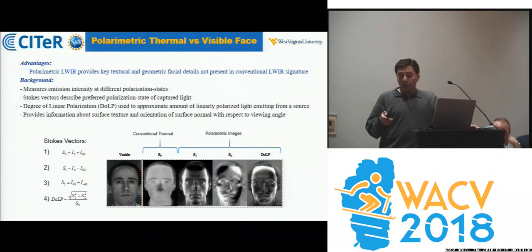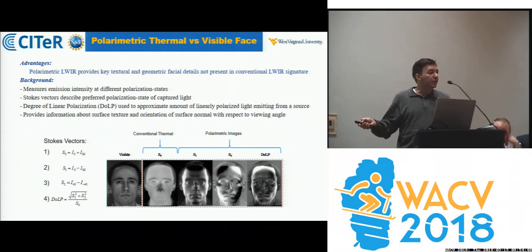Now, because in the thermal imagery the details about the face are washed away, more recently at ARL, Army Research Lab, we have been investigating the polarimetric information about the light in the thermal domain. The polarimetric state information of the light provides you some surface topography.